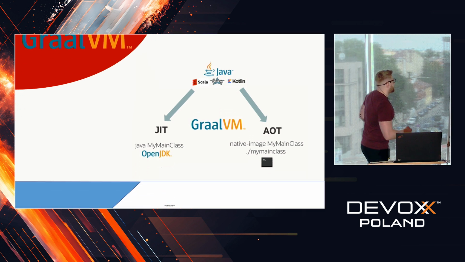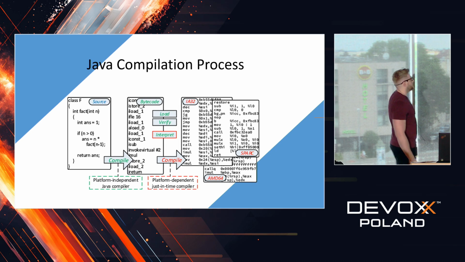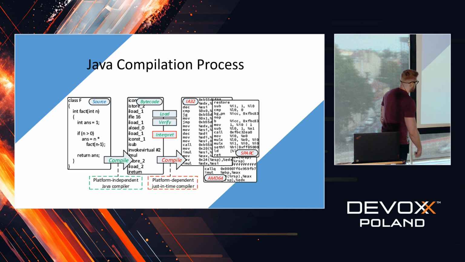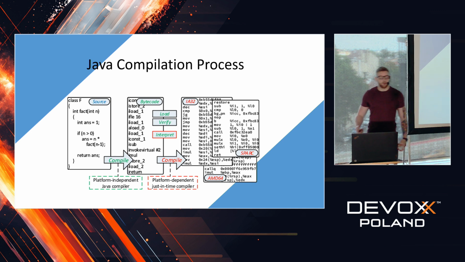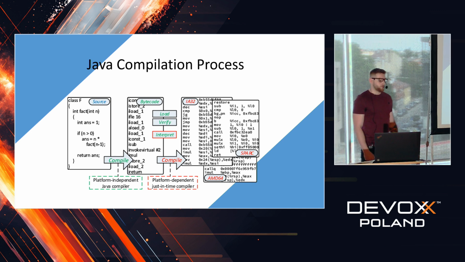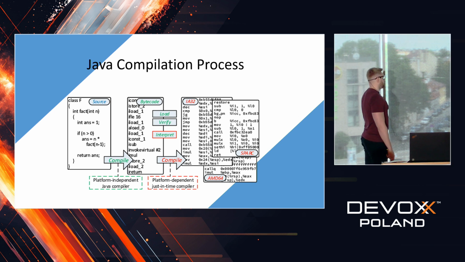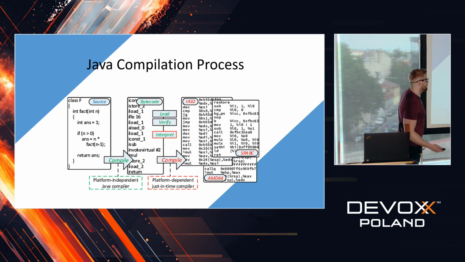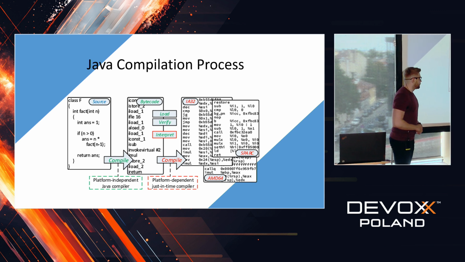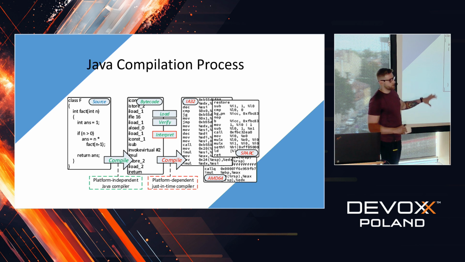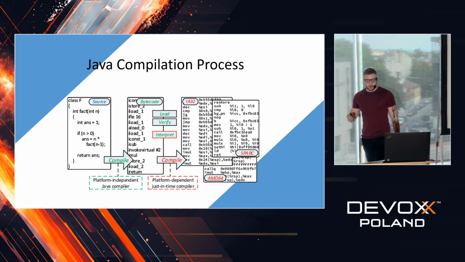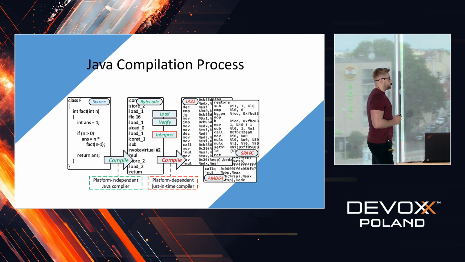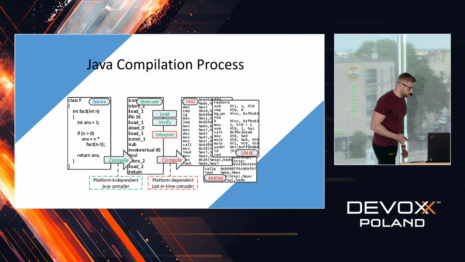Because when we're compiling our Java program, at first it's compiled into JVM bytecode, which is easier for the JVM to interpret. After which it's compiled to platform-dependent machine code. And in just-in-time compilation, that last part happens at runtime. As a matter of fact, in GraalVM, just-in-time compilation is possible as well.